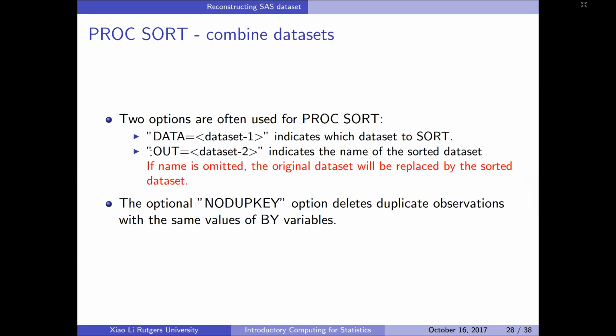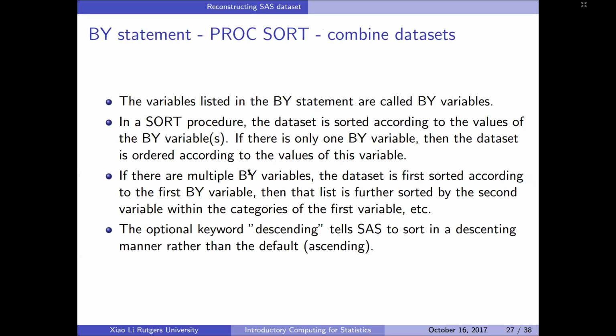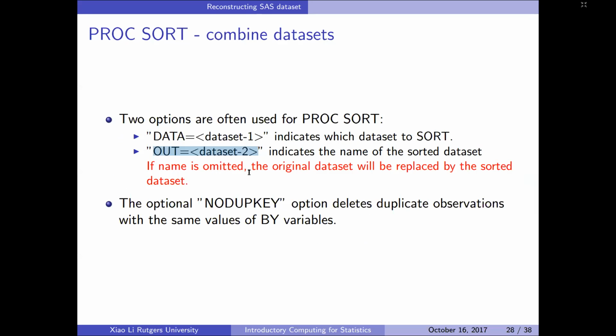So if we omit the out option, we just sort the original data set directly and return the sorted data set into the old one. The optional nodupkey option deletes the duplicate observations with the same values of the by variables.